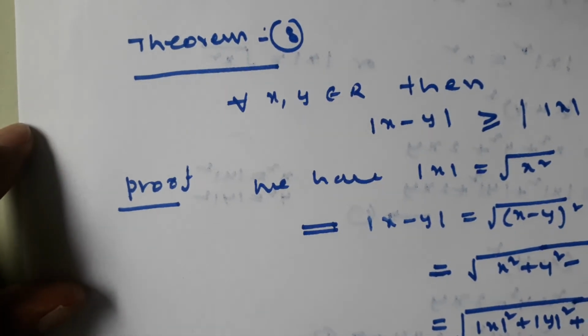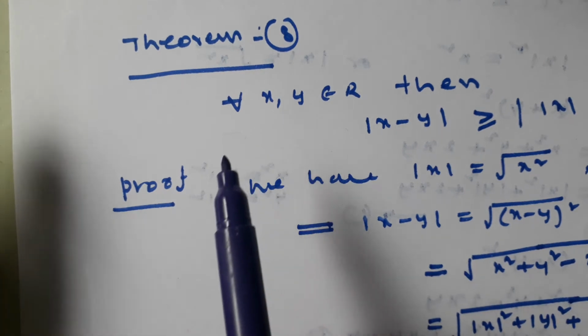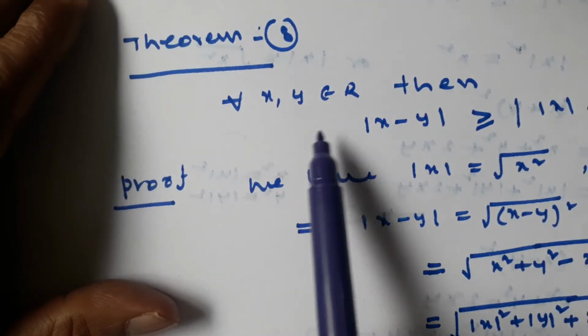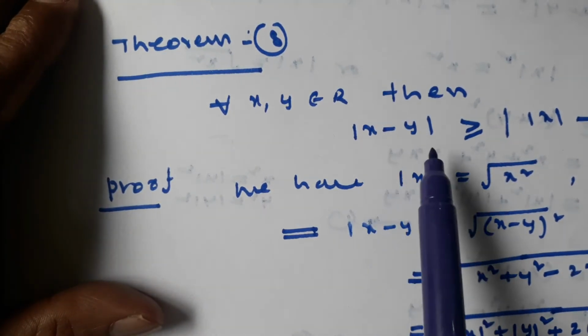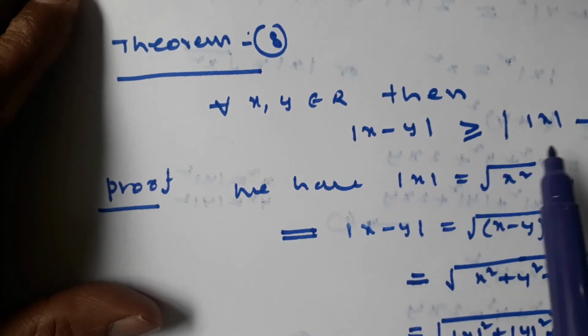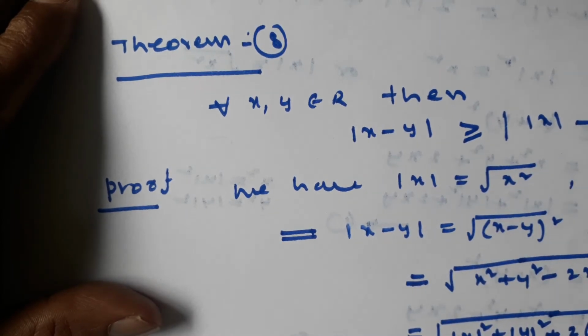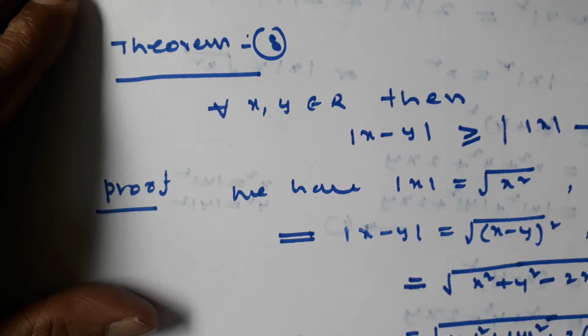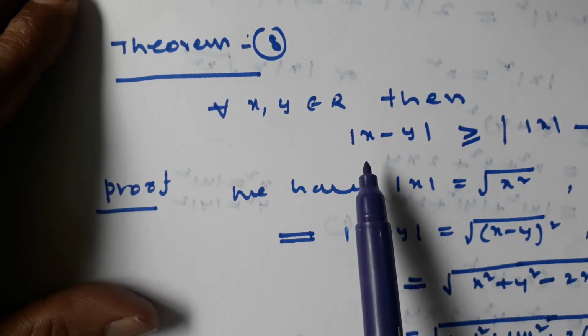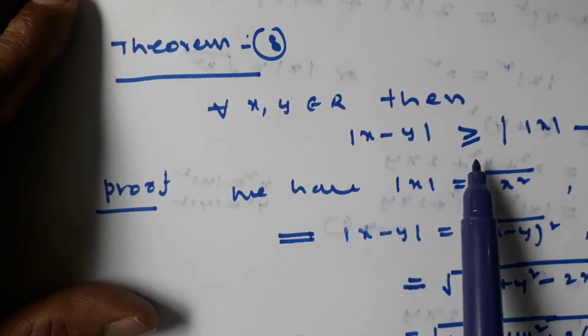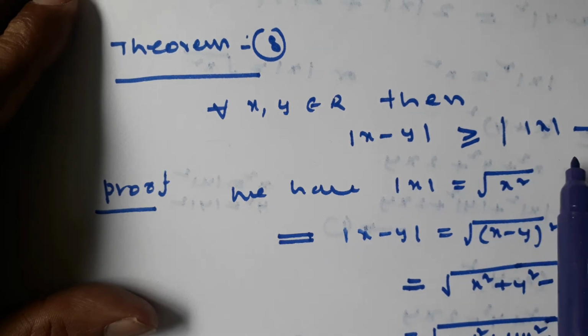Theorem 8. For all x, y belongs to R, then mod of x minus y is greater than or equal to mod x minus mod y.